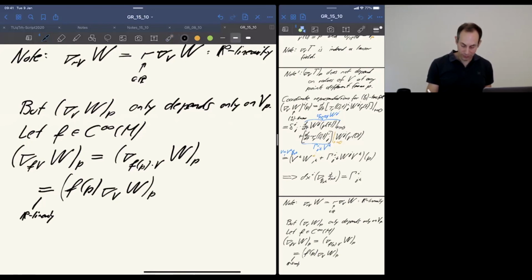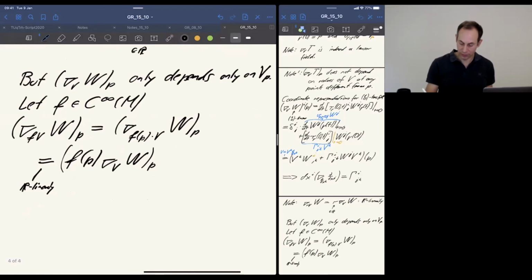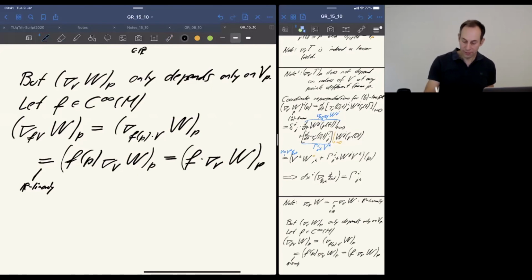But this now, of course, means, because this whole thing is true for every point, maybe I write one further expression. Now I can again just multiply the whole result first with the vector field and evaluate at the end at the point P. So now I have an expression, namely this one is equal to this at any point P. So I have actually established that this thing here is really equal to f times the derivative of w.